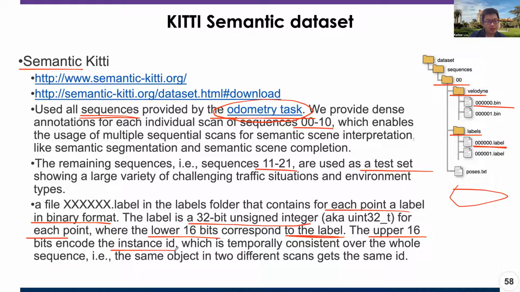Instance ID is very useful for tracking, because when you detect an object in one scene, one frame, you say, oh, this is one car. But if another frame comes, you redo the detection. So it's very hard to say that the bounding box in this frame and the second bounding box belong to the same car.